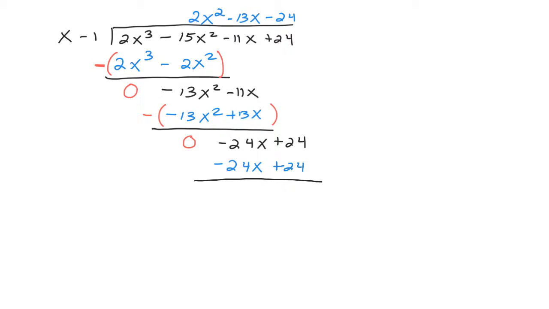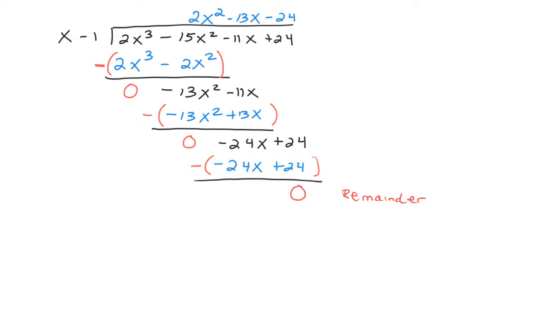And if I subtract these two things together, it should be that the remainder is 0. Let's see what happens. We get negative 24x plus 24x. Okay, that's perfect. That's 0. I then have 24 minus 24. So at the very end, I get 0, and this is my remainder.